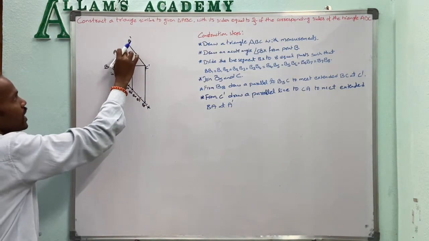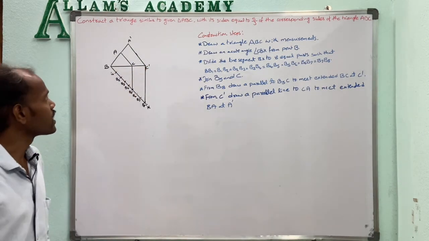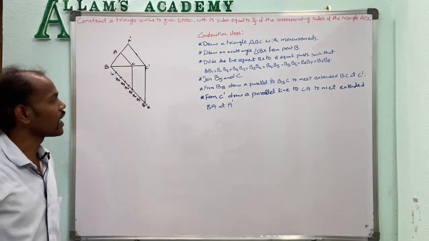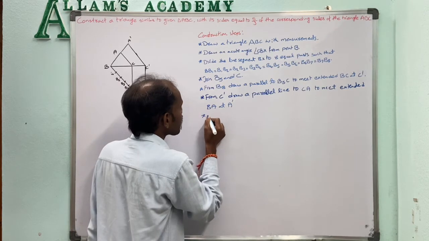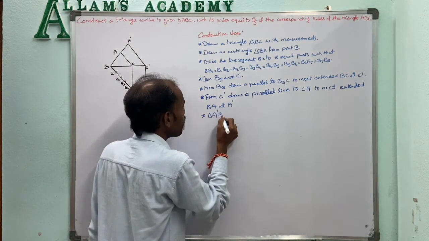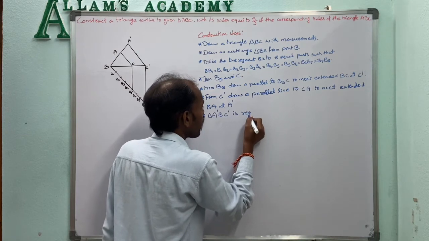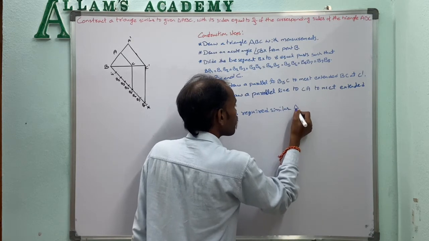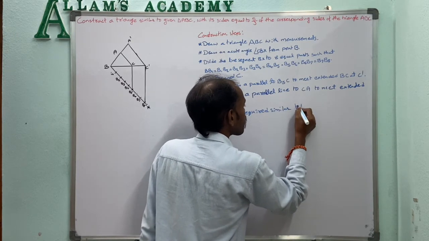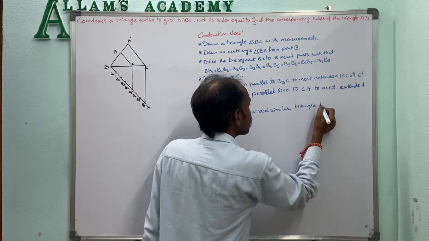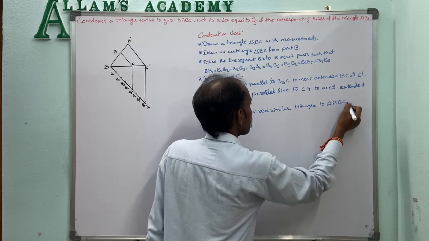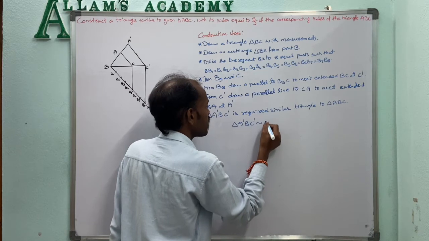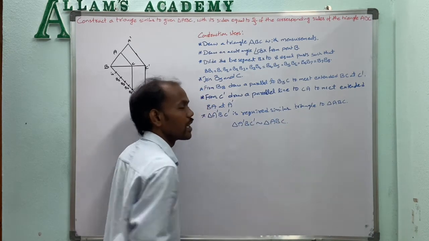Now if we observe, A dash B C dash is a triangle, and this triangle is similar to triangle ABC. So triangle A dash B C dash is the required similar triangle to triangle ABC.